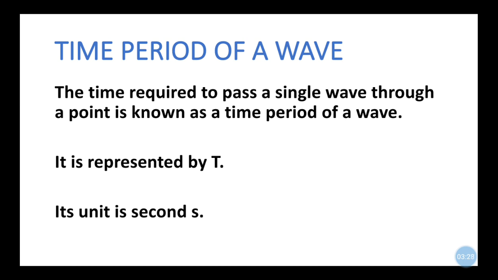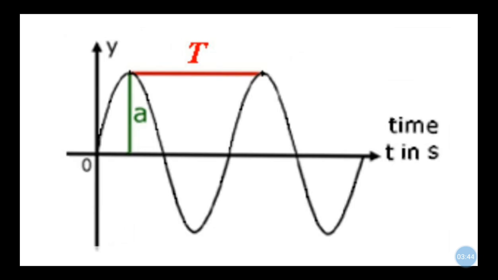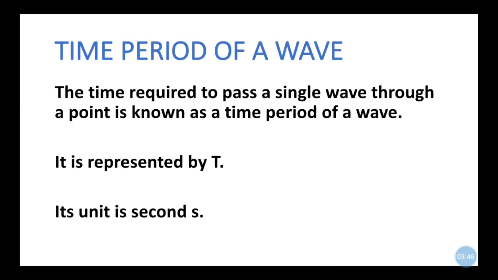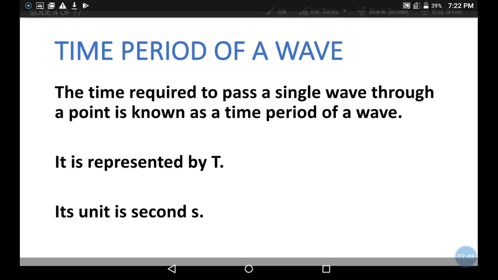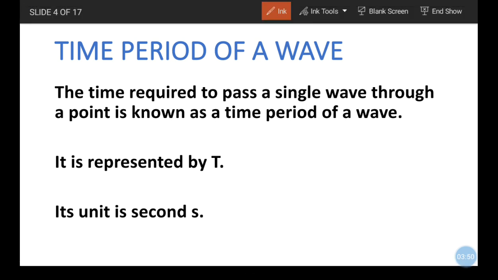That time is known as total time, through which a number of waves pass through a point. So what is time period? The time during which a single wave passes through a point is known as time period. Time period is represented by capital T and its unit is second.